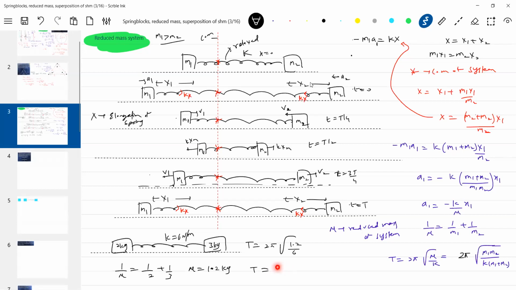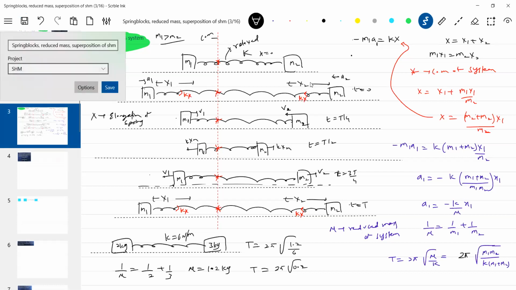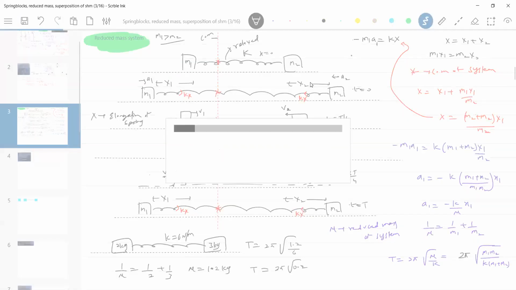Zero point 2, so 2 pi. Let me keep it here. So this is the time period.